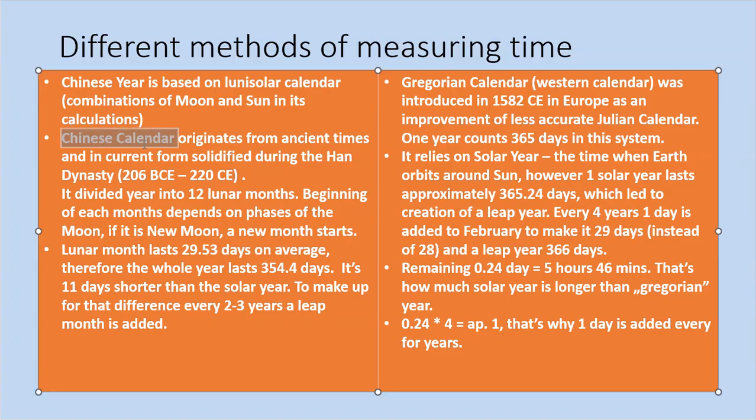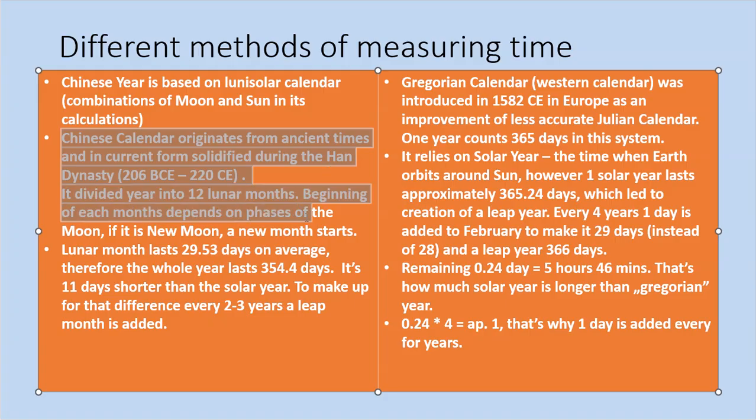Chinese calendar originates from ancient times and its current form solidified during the Han Dynasty between 206 BCE to 220 CE, Common Era. It divided year into 12 lunar months. Beginning of each month depends on phases of the moon.